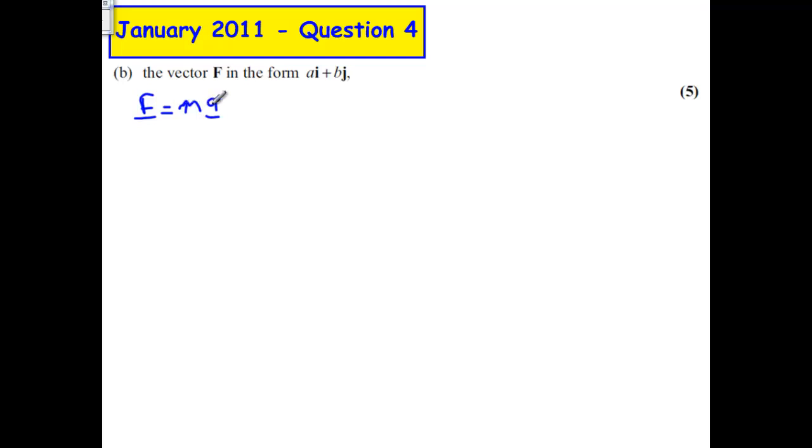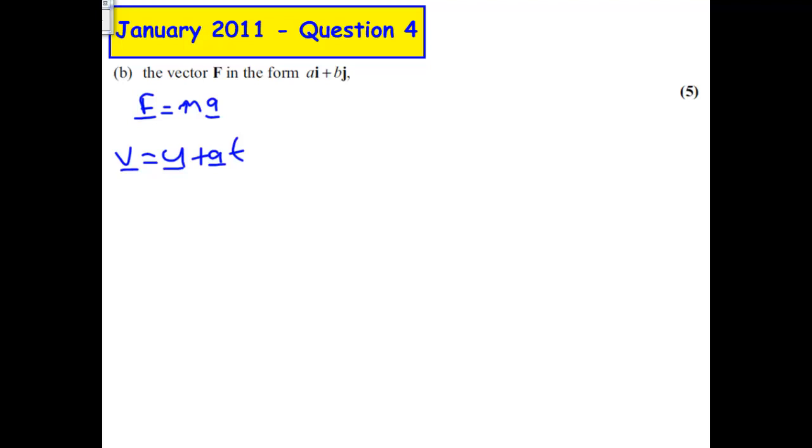Now, F equals ma is one formula that you will have seen before and can be written in vector notation. Another one, which also involves the acceleration, is v equals u plus at. So that's one of the SUVAT equations, and that can be used as well using vectors.